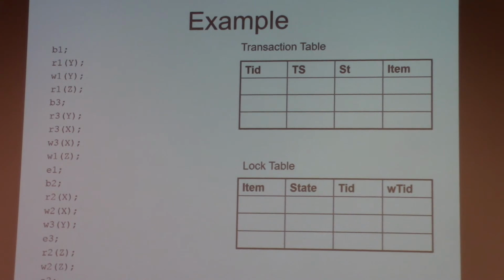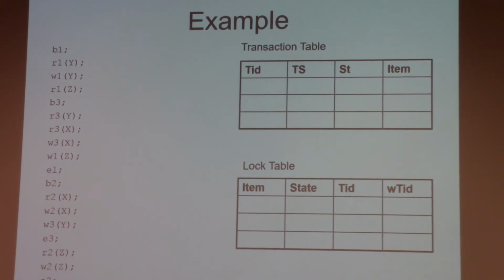Last time I confused this. R means shared lock, W means exclusive lock, write lock, and so on. So we can understand the series of operations using this. We are going to manage two tables, the transaction table and the lock table.